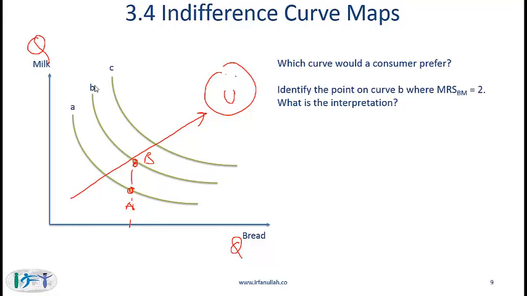So clearly on curve B we will be happier relative to the happiness on curve A, and for the same reason the happiness increases as we move to curve C and so on.